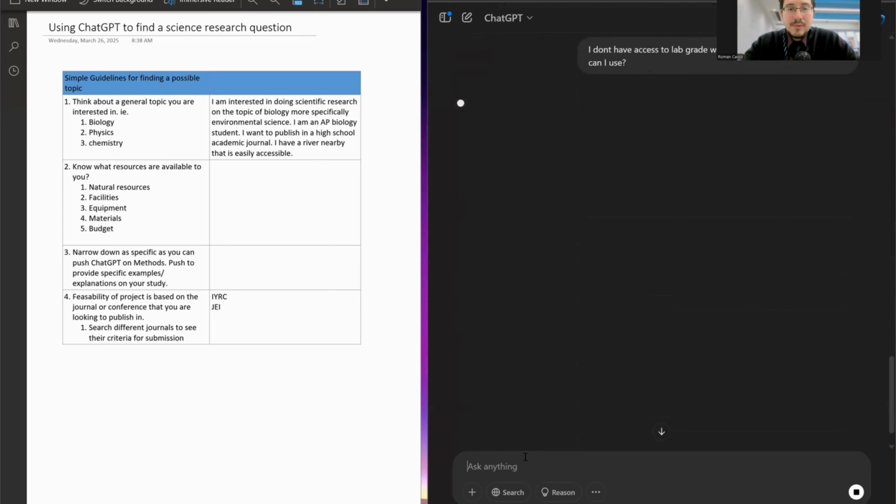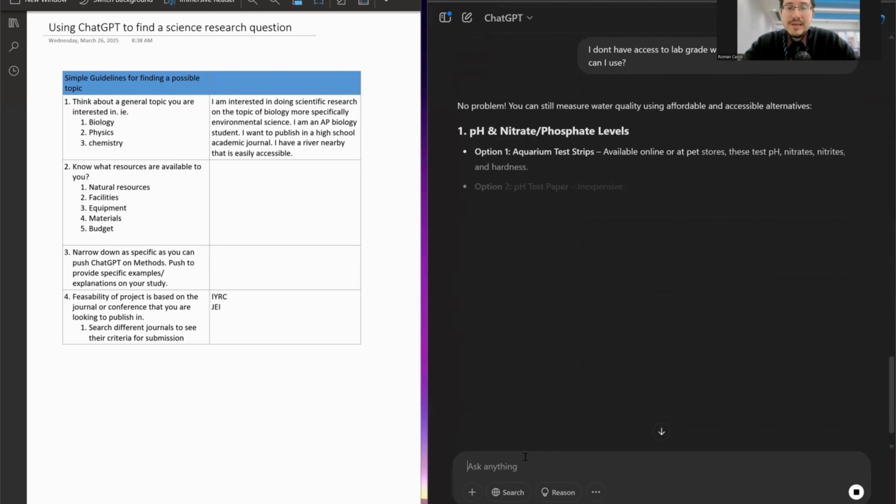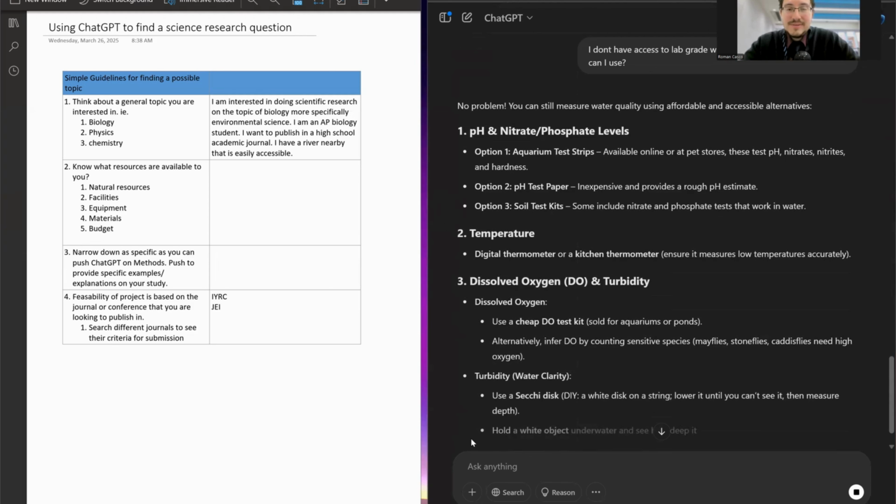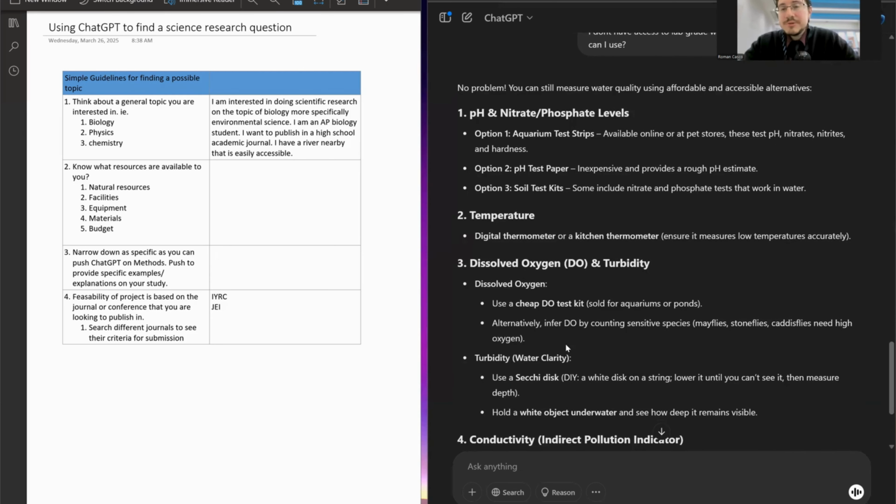Okay, so one of the things that I want you to really think about is pushing ChatGPT. Give it the conditions that you have in your particular situation, and it could give you some good examples. In terms of measuring water parameters, there are water quality test strips that you can get in aquarium shops or pet stores and things like that that measure certain things like pH, nitrates, nitrites.